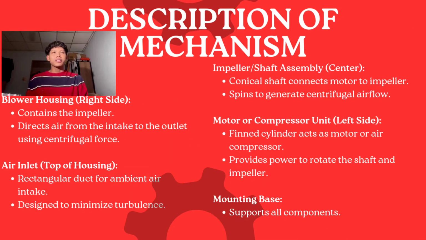For the description of the mechanism, the first one is the blower housing. It contains the impeller and directs air from the intake to the outlet using centrifugal force. The second one is the air inlet. It is a rectangular duct for ambient air intake, designed to minimize turbulence. The third one is the impeller and shaft assembly.